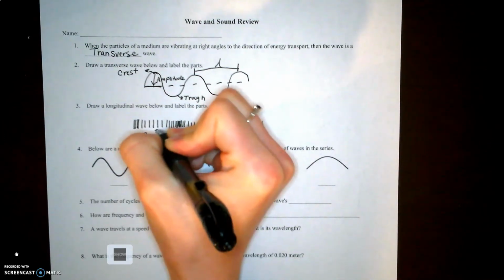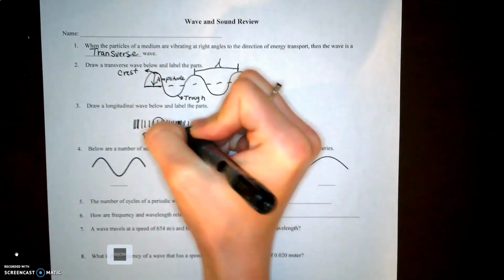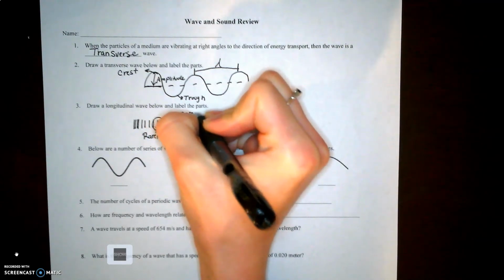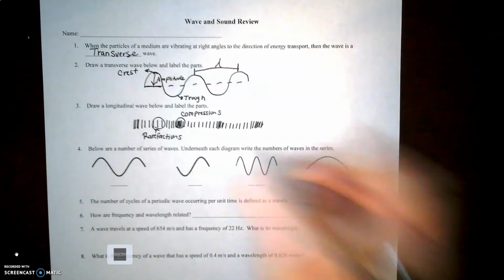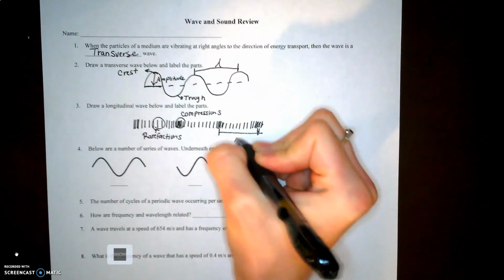So again, that's right there where the particles are far apart. When the particles are close together, those are compressions. And then from compression to compression, that distance will be wavelength.